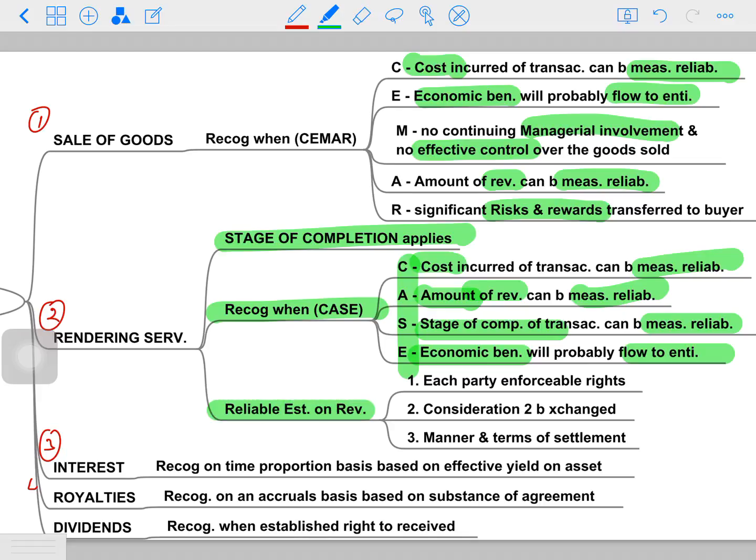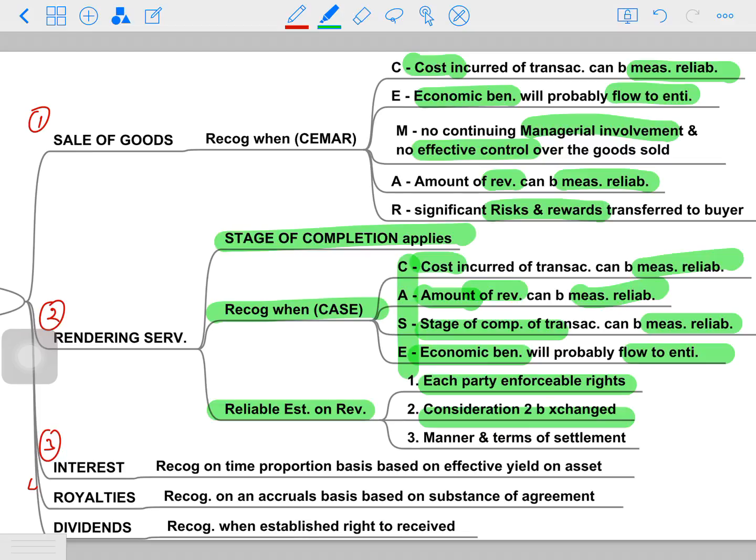Reliable estimate of revenue, what does it mean? Reliable estimate for the revenue of rendering service means that each party has their enforceable rights, there is an agreement and amount of consideration to be exchanged.